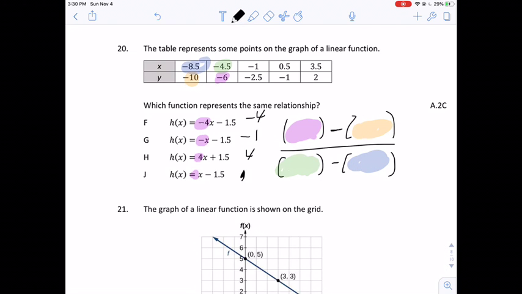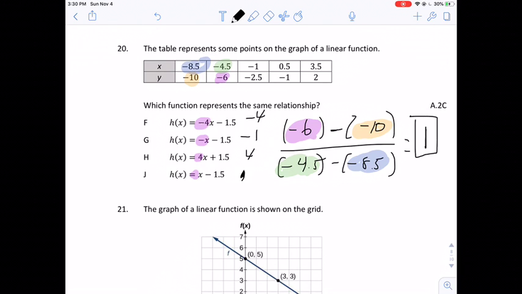I'm going to put those numbers in. So -6, -10, -4.5, and -8.5. If I put all this into the calculator, the calculator is going to give me a simplified version of the slope. And that simplified version of the slope is going to be 1.